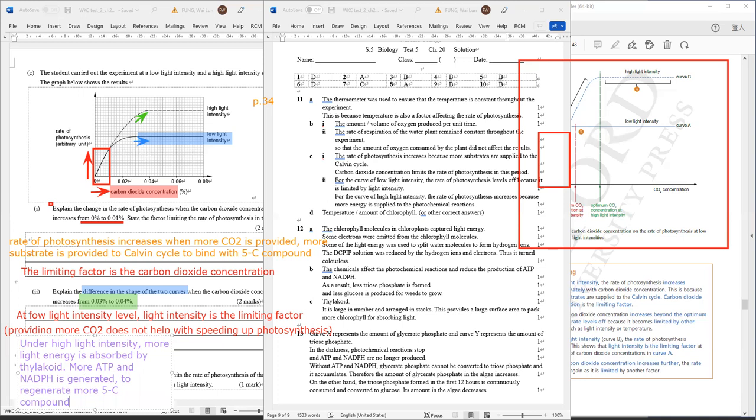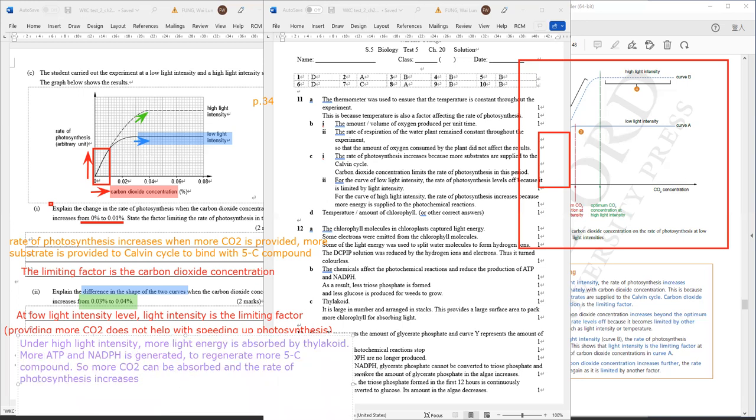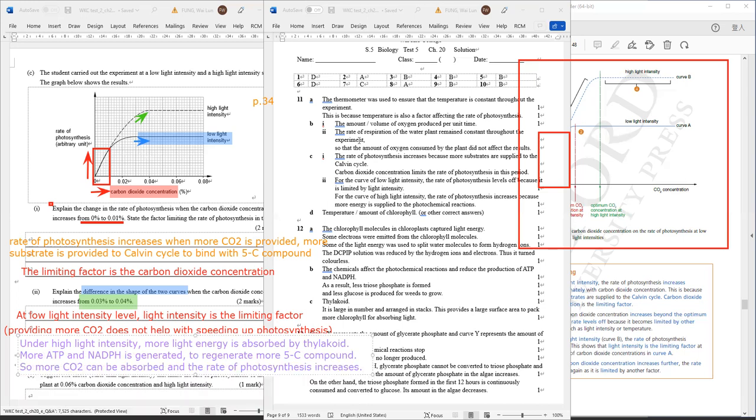So as a result, more CO2 can be absorbed and the rate of photosynthesis increases. Okay, this is a much longer version than your model answer. But I hope you still can understand what I'm referring to and know what you should write.